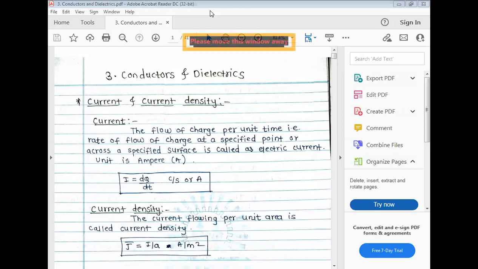Okay. In the next lecture, we'll start our fourth chapter, that is static magnetic fields. Okay. That chapter is also important. The first two chapters from the first section and the fourth and fifth chapter, or fourth and sixth chapter, from the second section you can do, if the exam is theory, offline, then you can prepare for these chapters.